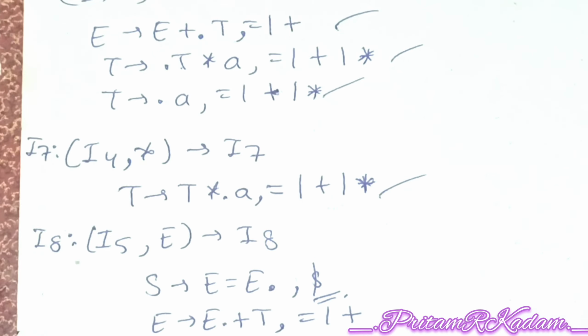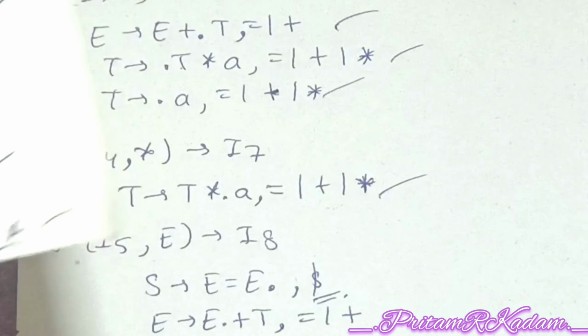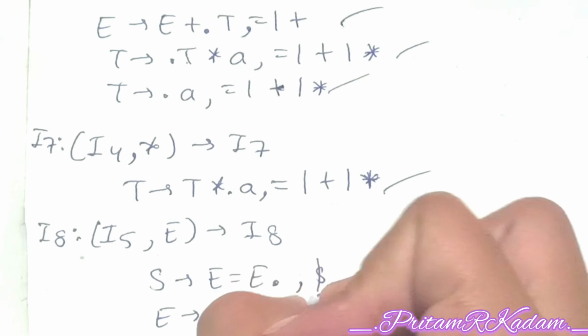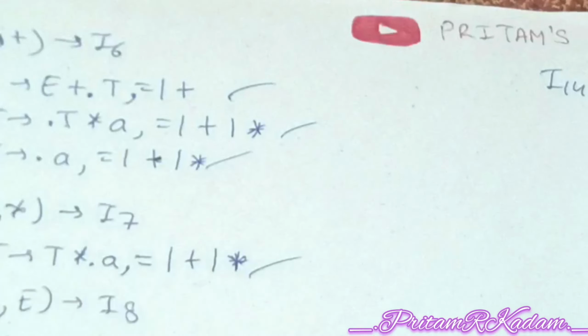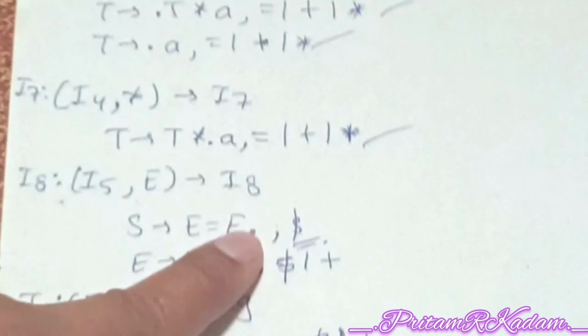We corrected our error in I5 state because instead of equals to, there was supposed to be a dollar. As we have updated over here, we forgot to write it in the I8 part. So let us just make this dollar. Now our look ahead would be dollar plus instead of equals to plus.